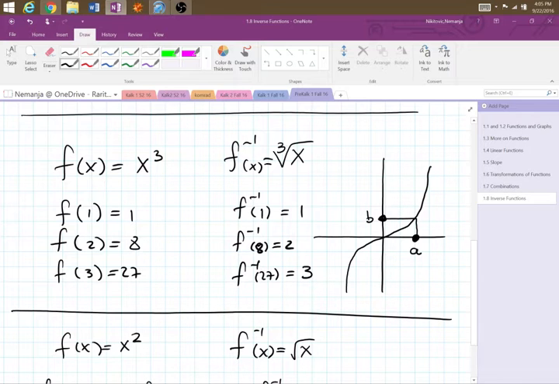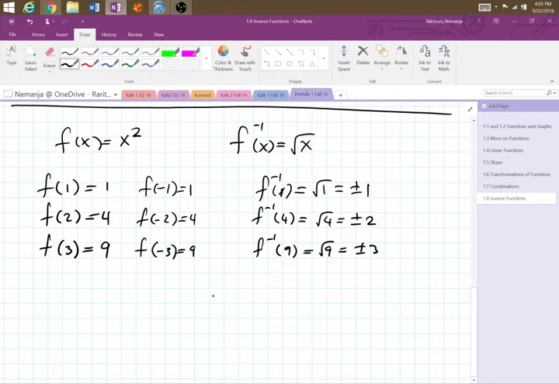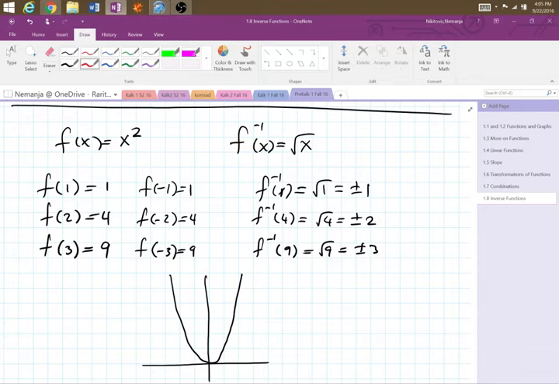Now, anything that you pick on the inverse, no matter where you pick, is always a one-to-one correspondence. But now if I draw the graph for x squared, do you see that if I pick this value here for the inverse, it spits out this value and this value?